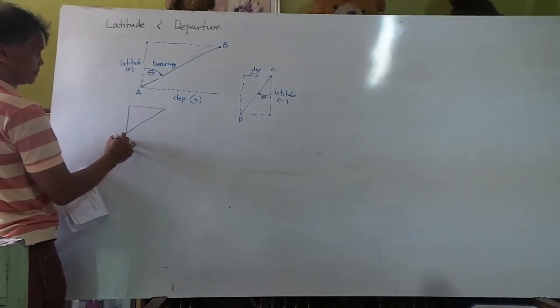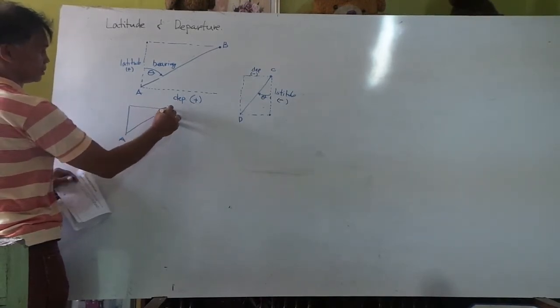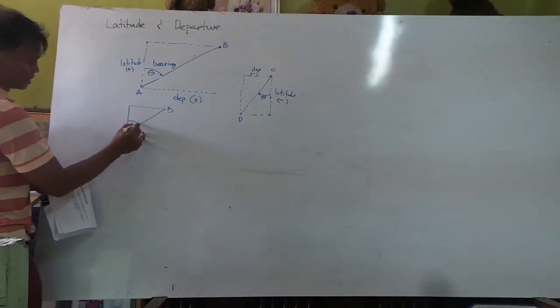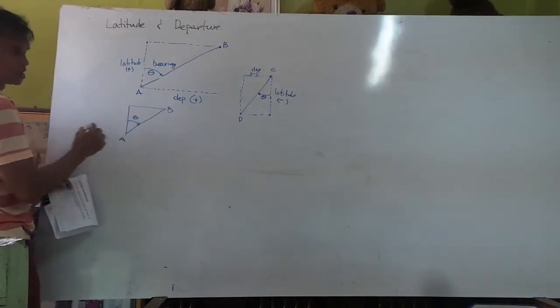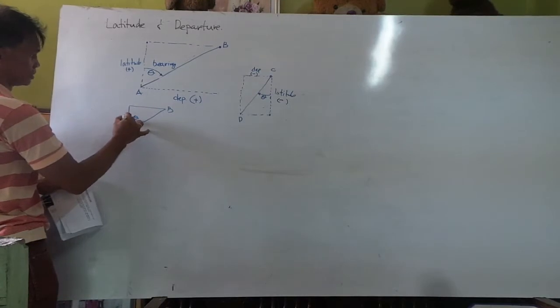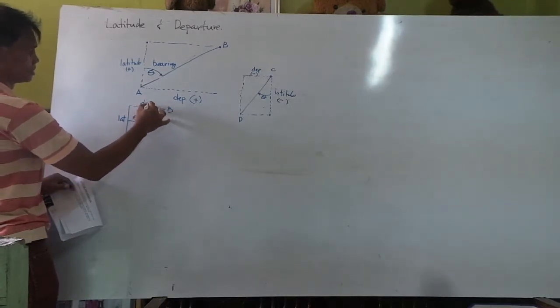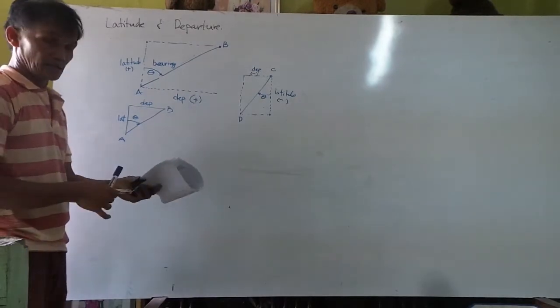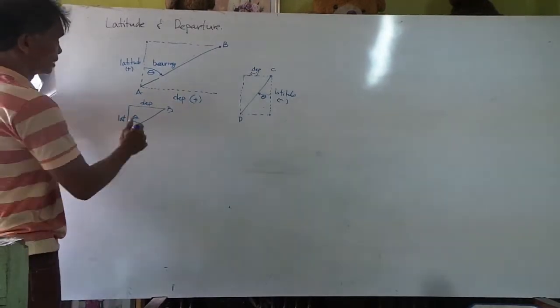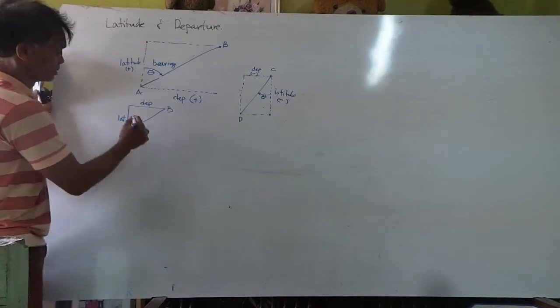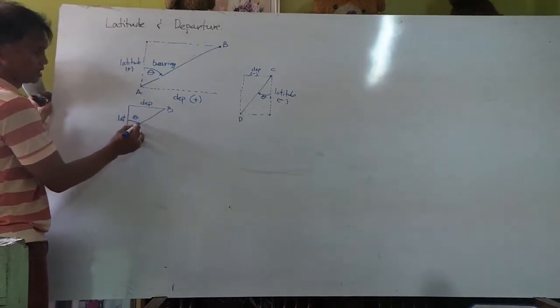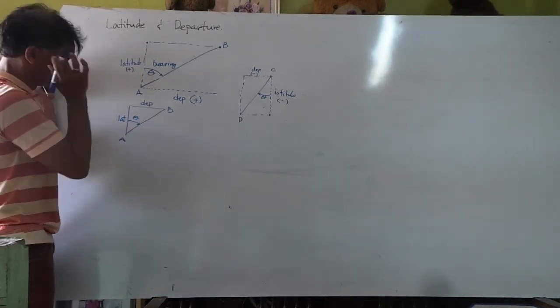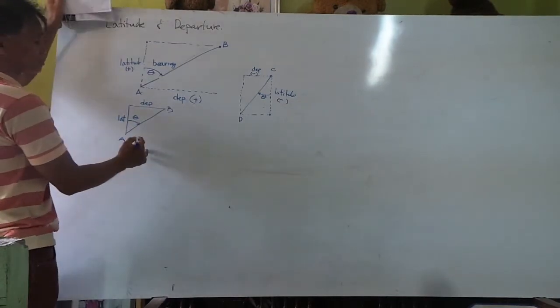This is your line AB. This is your latitude. This is your departure. This is your bearing. So we are forming a right triangle defined by this bearing angle.